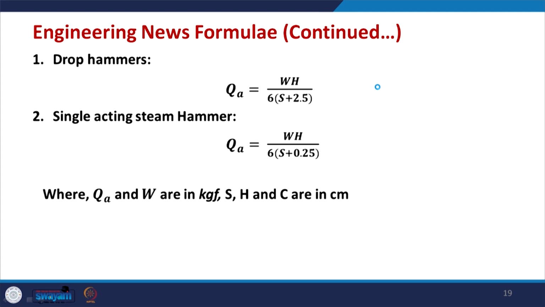For drop hammer, this equation is Q = WH/6(S+2.5), that means the value of C is 2.5, while for single acting steam hammer the C value is 0.25 instead of 2.5. In both these equations, Q_A and W are in kilogram force, and S, H and C are in centimeters. Okay. So, this was the story about the engineering news formula.